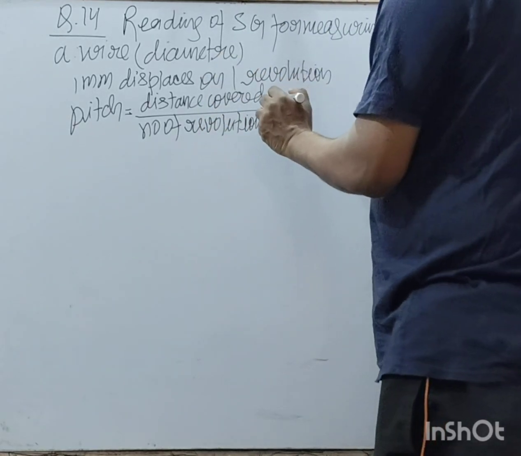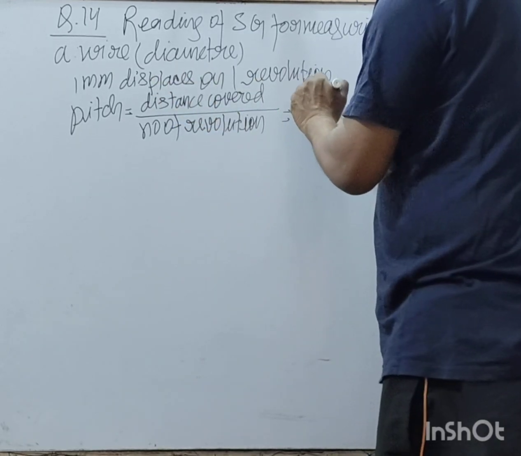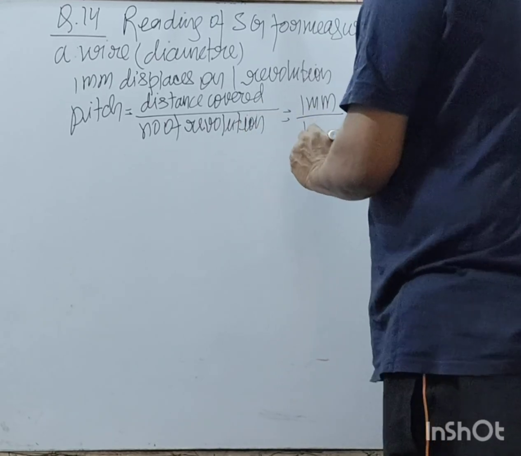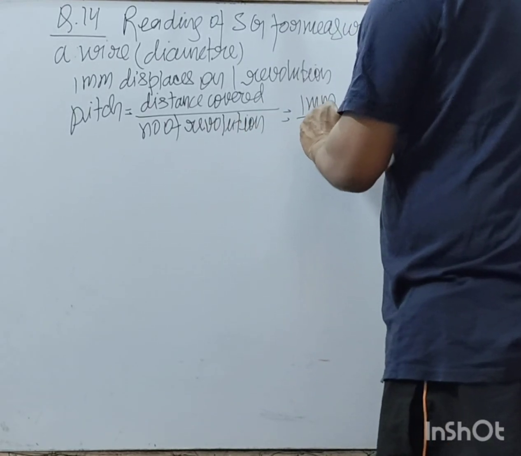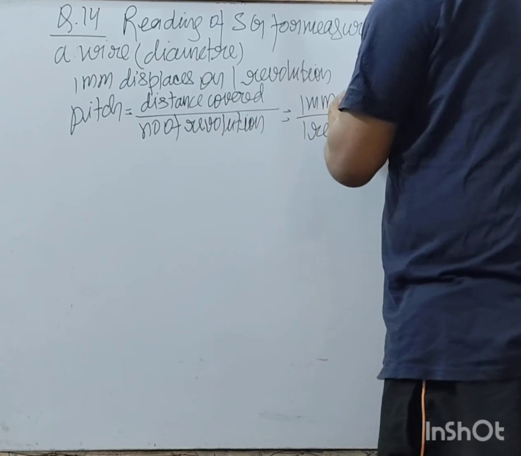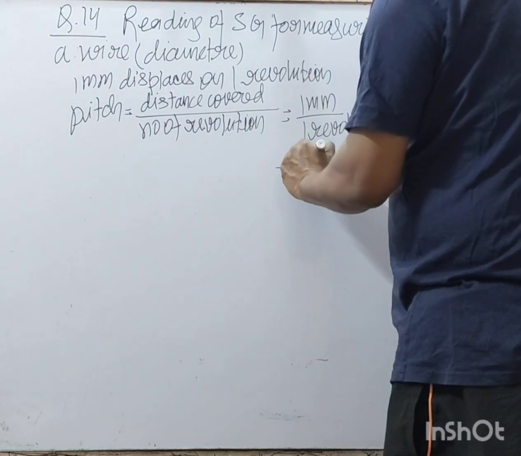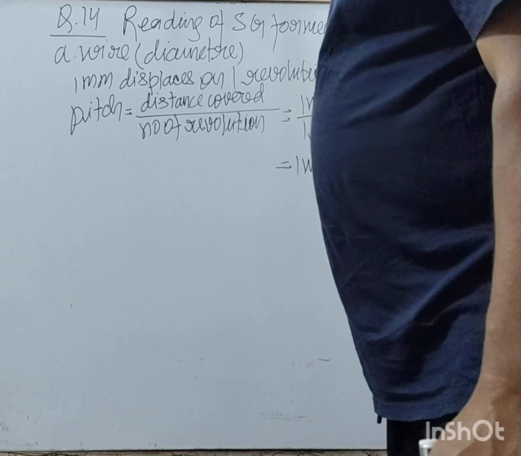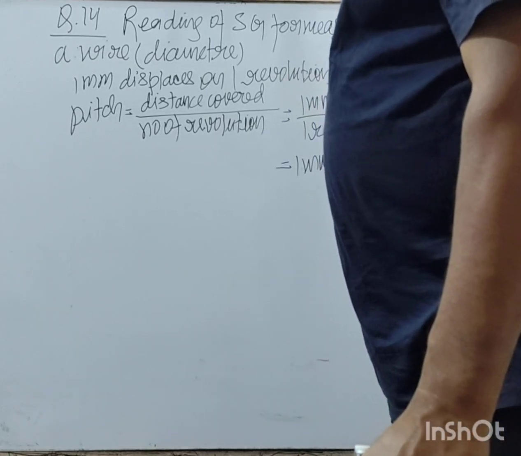Distance is how much? Sir, 1 millimeter. So 1 millimeter in one revolution. So pitch is 1 millimeter, right? Then what? The least count of the screw gauge.